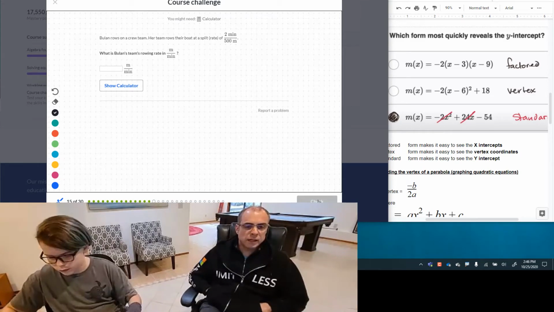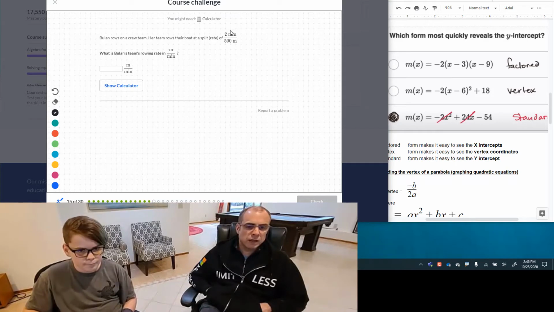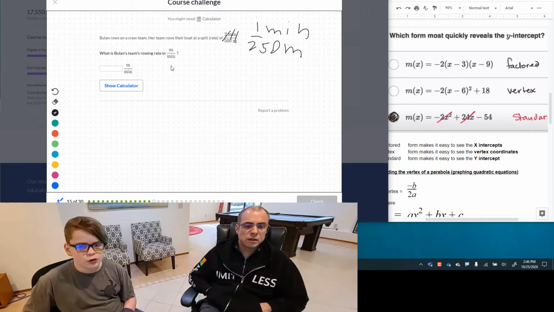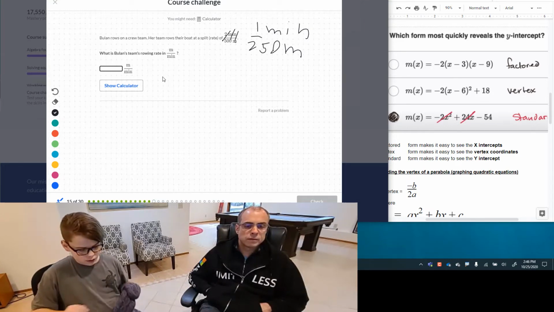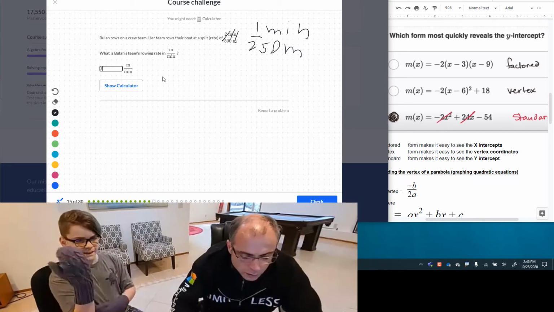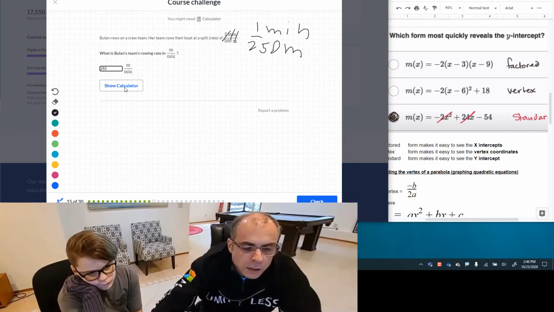And then I think these are just ratios, so I think you can just say 250 over 1. I'm not actually 100% sure, but I think that's all it's asking for. 250 over 1? Because look at it, it's the other way around, right? Saying minutes over meters on the 2 over 500. So then it's just 250. Yeah, I think so. So it's just saying 250 meters per minute.